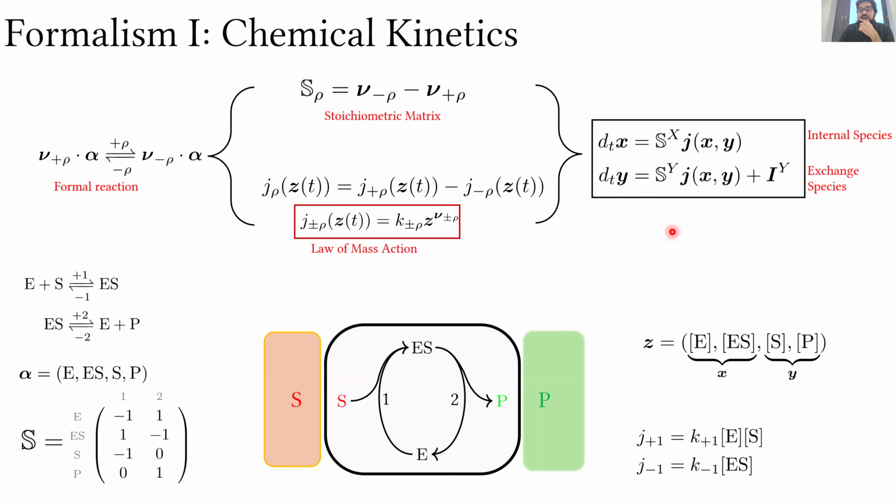If you write down how the concentrations evolve, you get this set of coupled ODEs, and Sx and Sy are just submatrices of the stoichiometric matrix. The currents themselves, we model using mass action. Every reaction has a forward flux and a backward flux, and both fluxes follow the law of mass action. So the forward flux of the first reaction would be proportional to the product of the concentration of E and S.